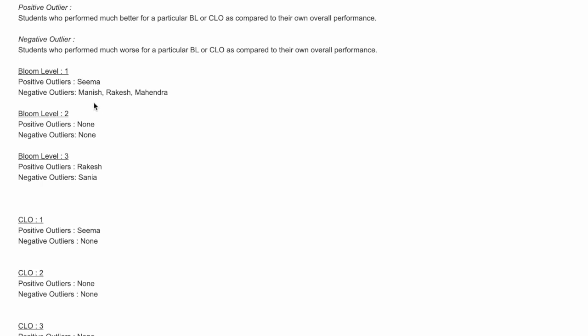In comparison, Manish, Rakesh and Mahendra are negative outliers for Bloom level 1, which means that their overall performance has been something, but their Bloom level 1 performance has been significantly lower, which means that they have bad memory. They may be good at applying and analyzing things, but their memory needs significant help.